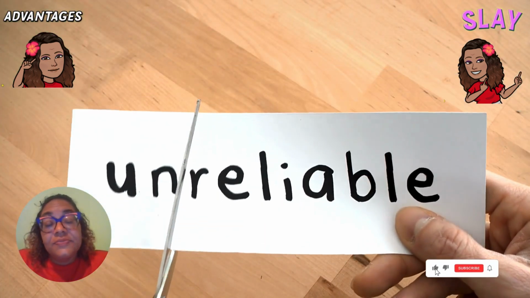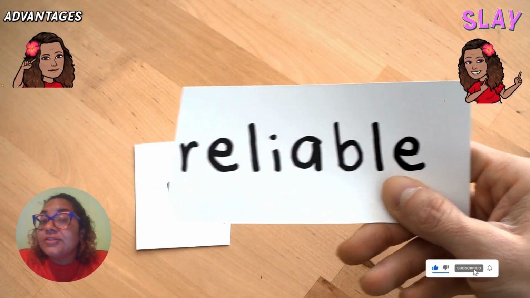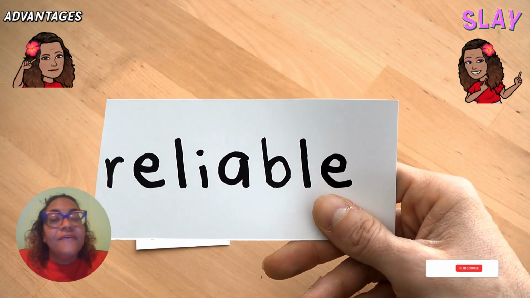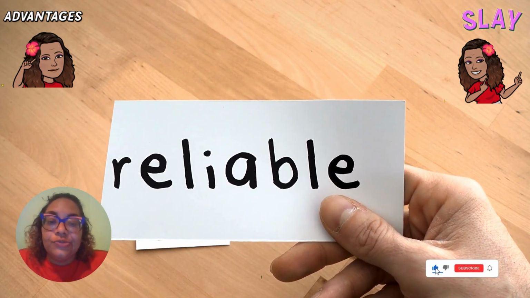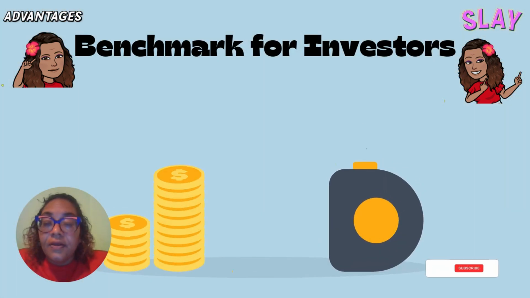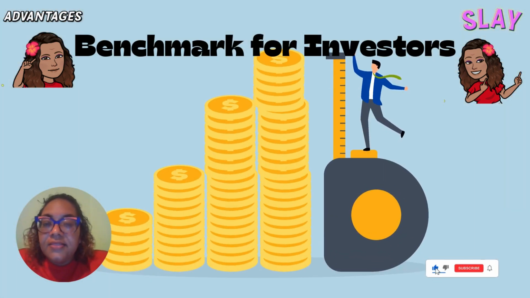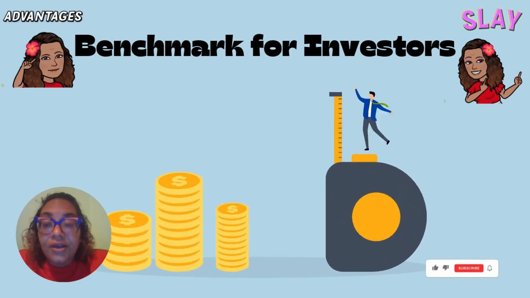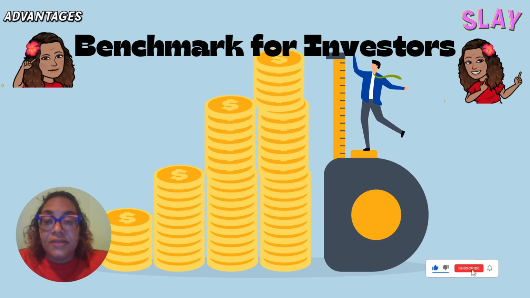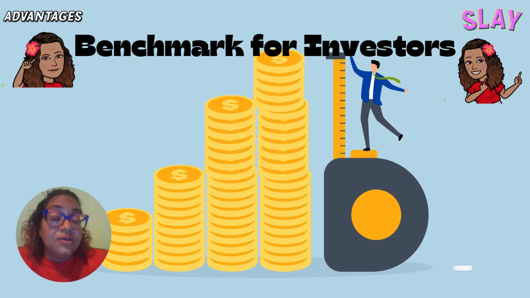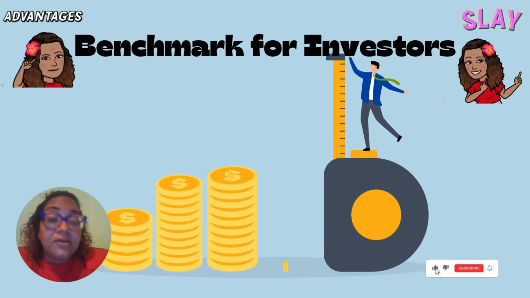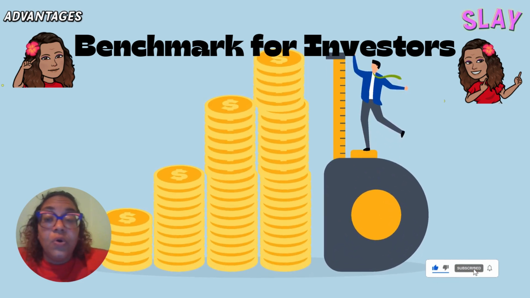Additionally, this method is both stable and reliable because book values do not fluctuate as market values do. Most importantly, this method is a benchmark for investors who look at the financial statements, namely the balance sheet, to see whether the company's stock is over or undervalued.